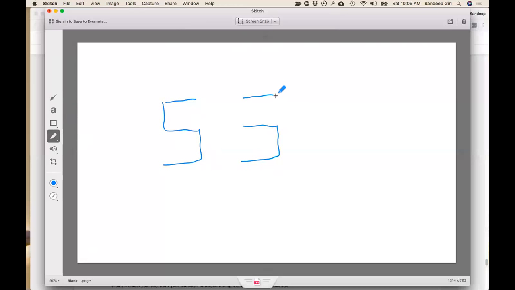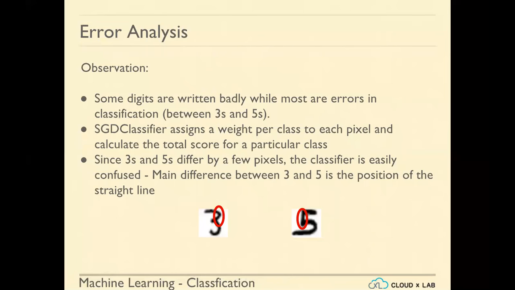If I draw a line here, it becomes 3. So 3 and 5 are actually very similar from the way we are computing it. Since the SGD classifier is computing pixel values, as in finding the delta between the pixel values, a shift of some amount of pixels is not making too much of a difference. It's only minor differences between 3 and 5.